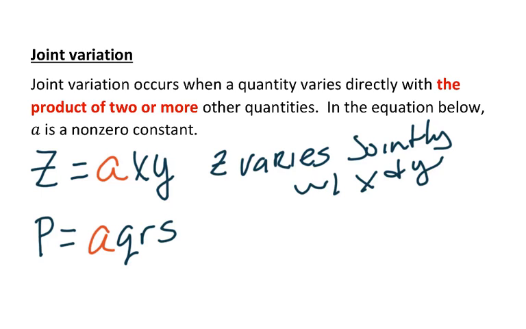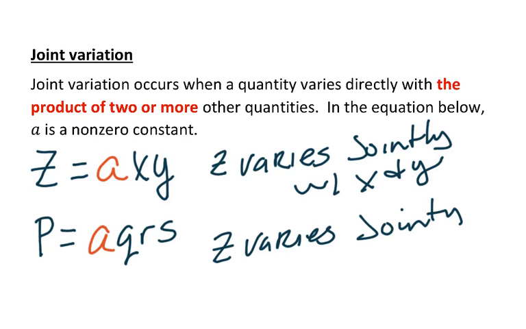So we would say that p varies jointly with q, r, and s. Joint variations. Let's see what you have on your notes next.